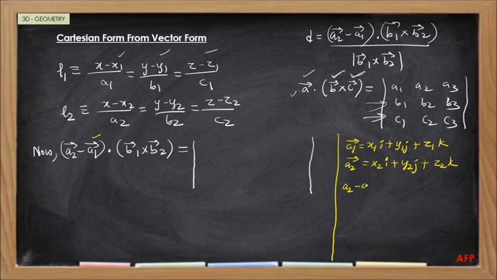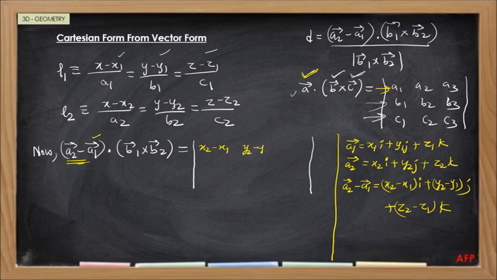And now A2 minus A1 is (x2 minus x1) i plus (y2 minus y1) j plus (z2 minus z1) k. Okay, so now first we write the coefficients of i, j, k of the first vector in the first row. It is x2 minus x1, y2 minus y1, z2 minus z1.